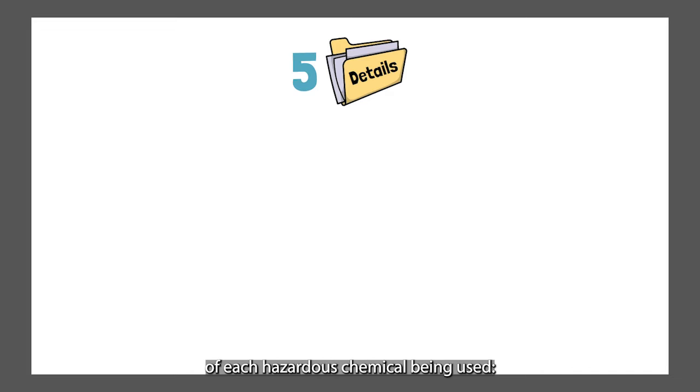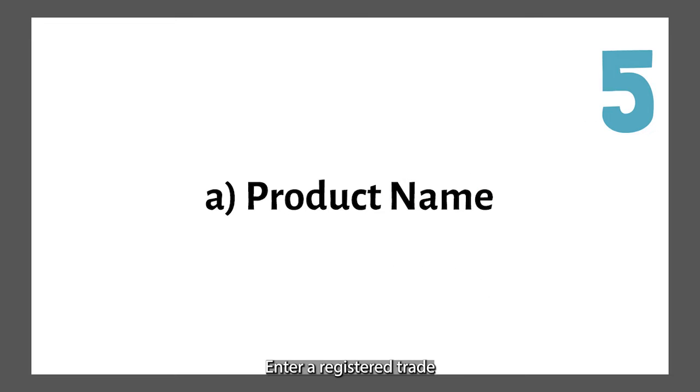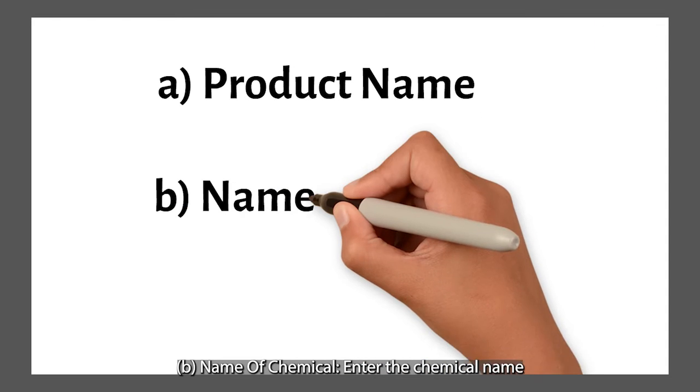5. Enter the detailed identification of each hazardous chemical being used. Product name. Enter a registered trade name or product name of each hazardous chemical as stated in SDS. Name of chemical.